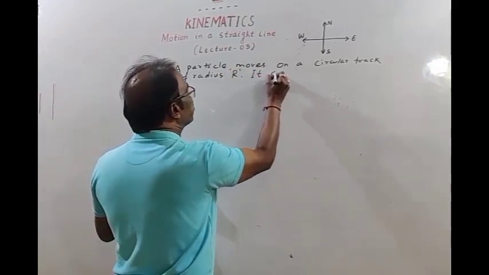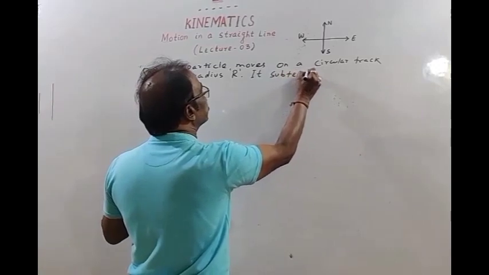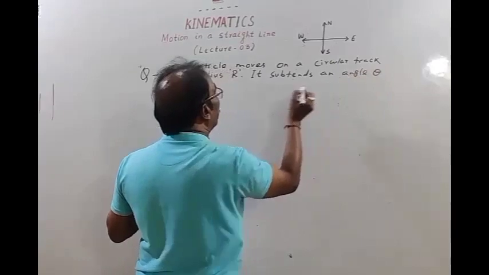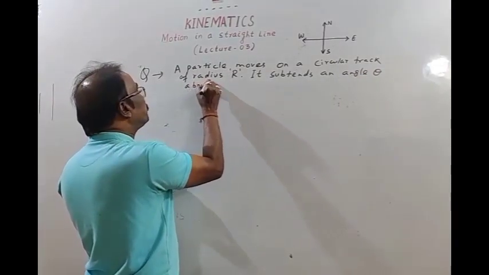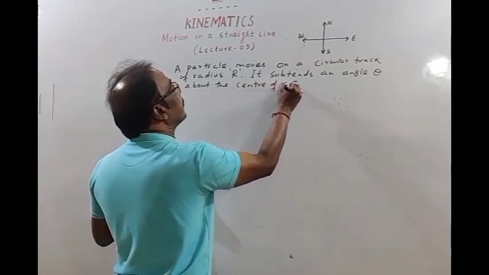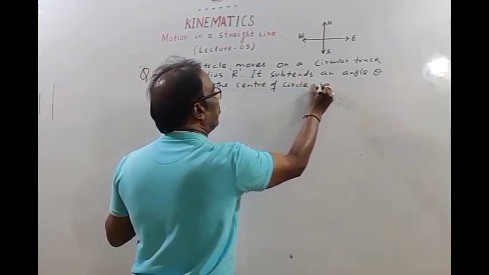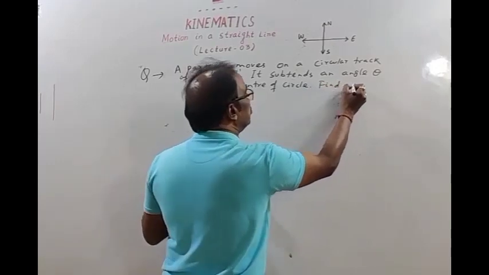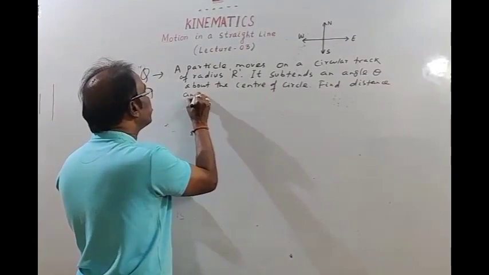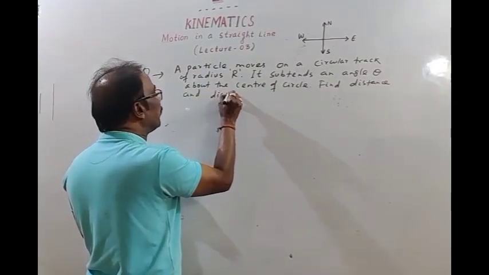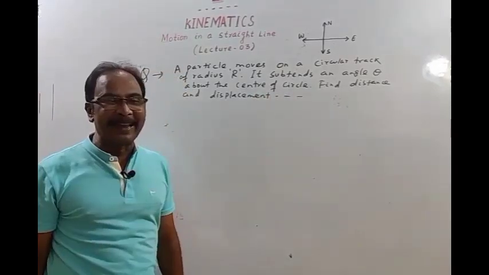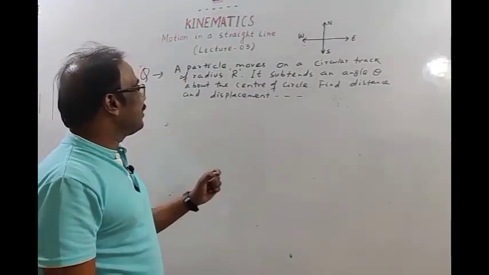It subtends an angle theta about the center of the circle. Find the distance and displacement of the particle. This will help to solve similar questions.